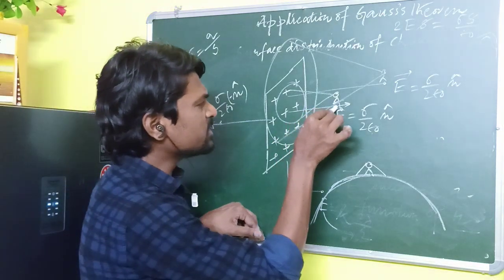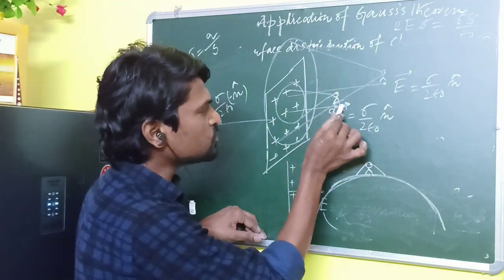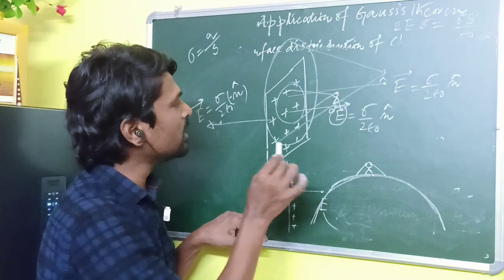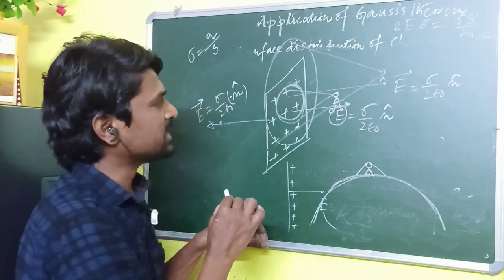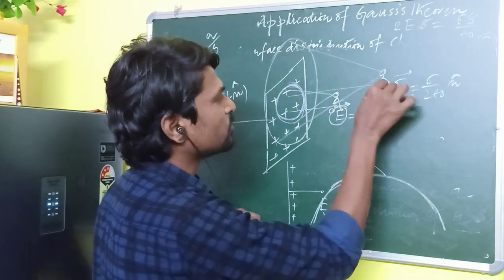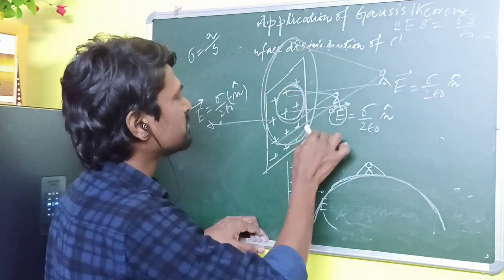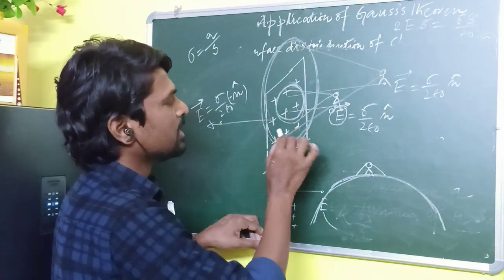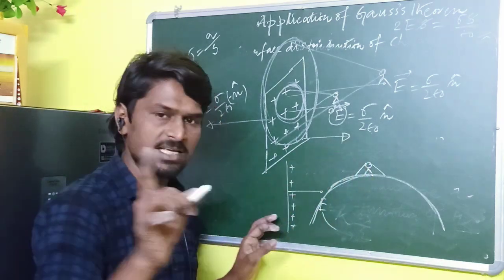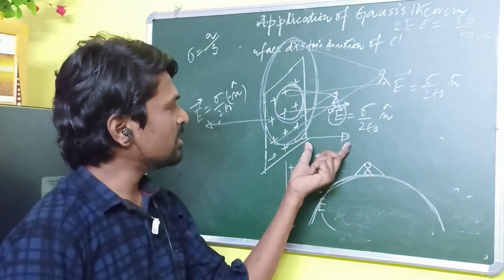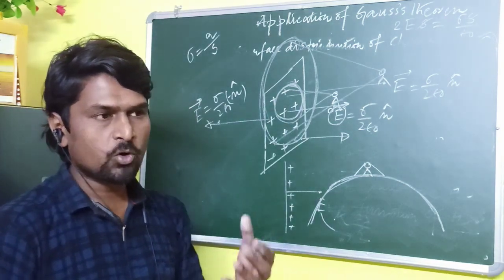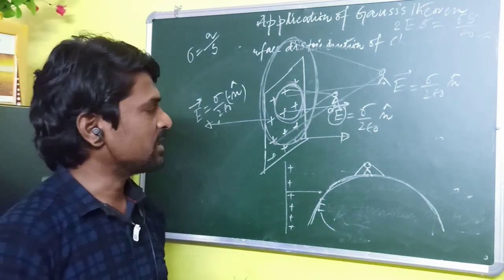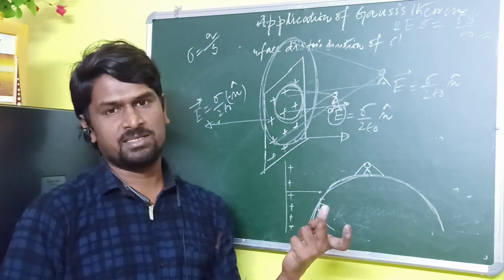So at that particular point, the contribution to the electric field is only from that particular charge. And if he is at the other position, then the contribution comes from more charge. So the electric field decreases, yes, but more and more charge can compensate for that decrease in the electric field.